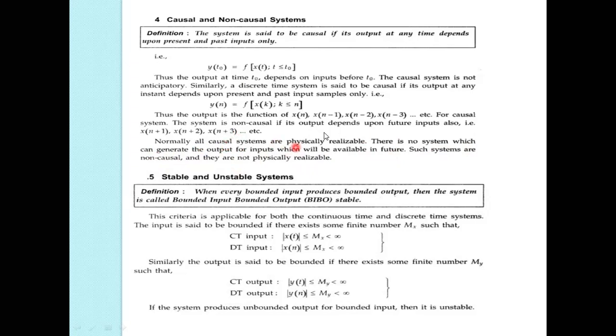If it depends upon the present and the past inputs, we call it a causal system, and we can physically realize it. If it depends upon the future input, it is not realizable, nothing but the non-causal systems, my dear students.